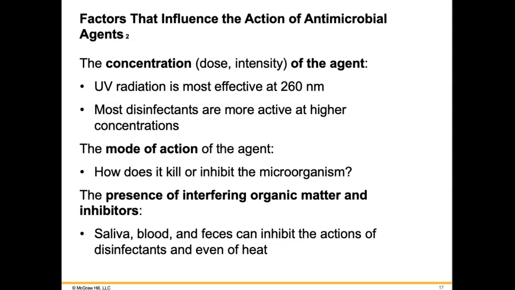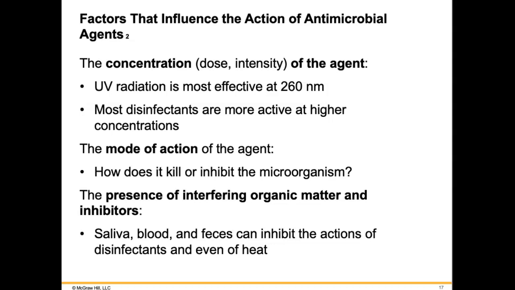In addition, we have to consider the mode of action of the agent. So how specifically does it kill or inhibit the microorganism? And then also we need to consider the presence of interfering organic matter and inhibitors. So things like saliva and blood and feces can inhibit the actions of disinfectants and even of the heat.